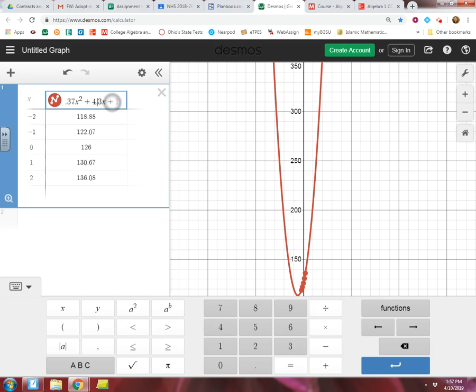We got it? So the one that I wanted you to tell me was when x is 2.